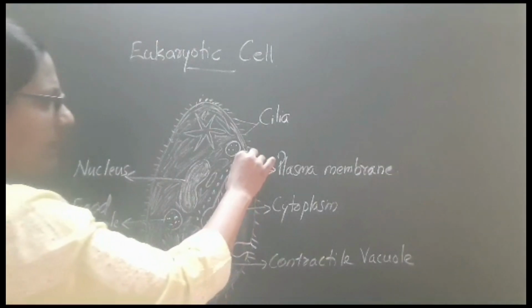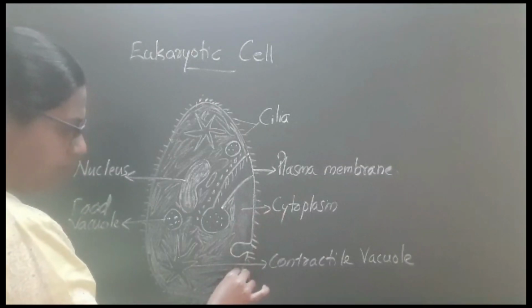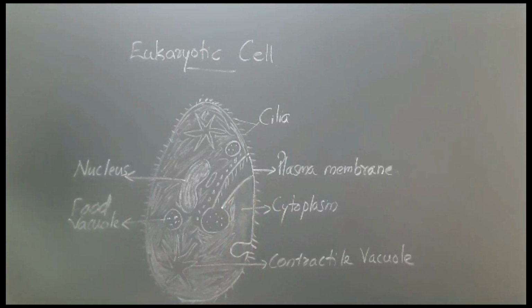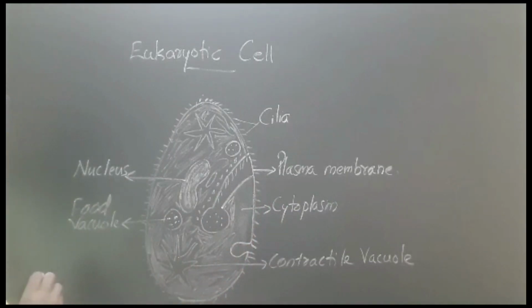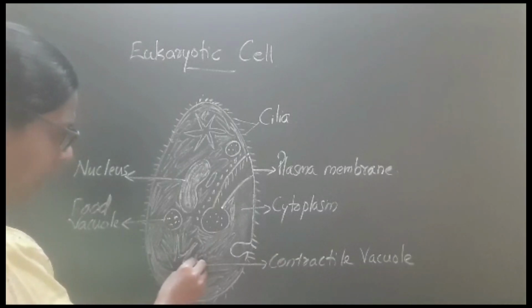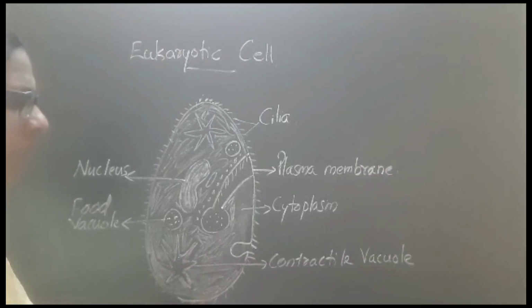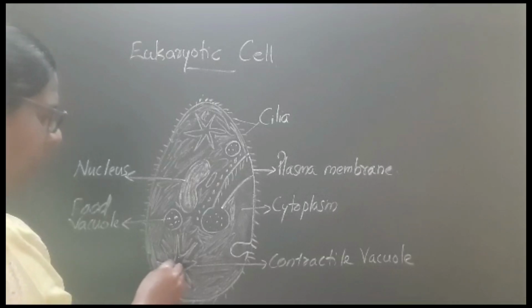Then this membrane you can see here is called plasma membrane, and inside there is cytoplasm. Then here something like a star, can you see this? This is called contractile vacuole.